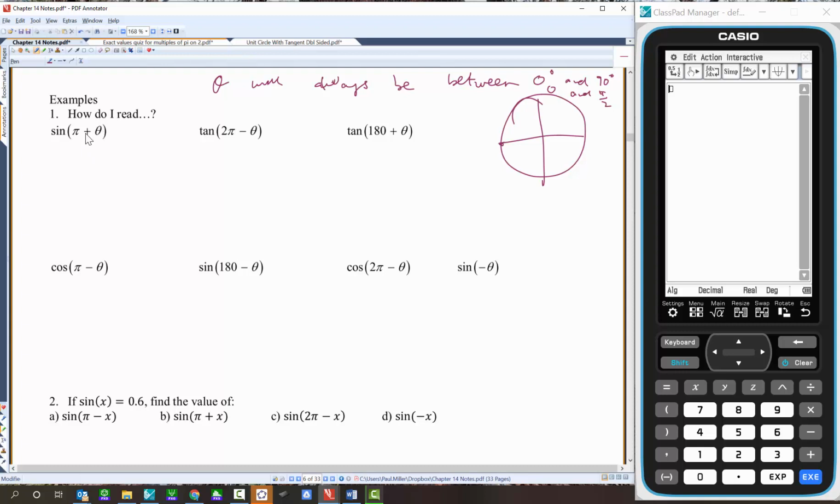Okay, so this one here means that we want an angle somewhere down here, which is pi plus an angle here. And what we want is the sine of that value. All right, now what does that mean? Well, what I'm going to do is use some symmetry properties here.